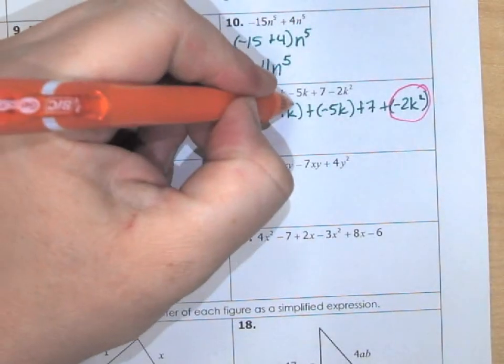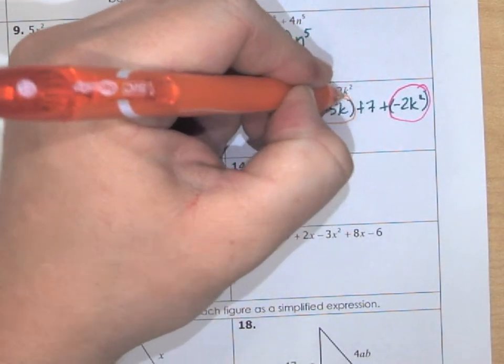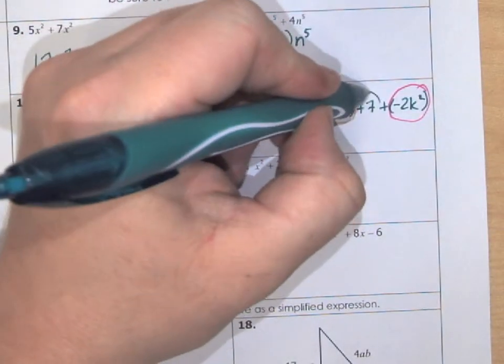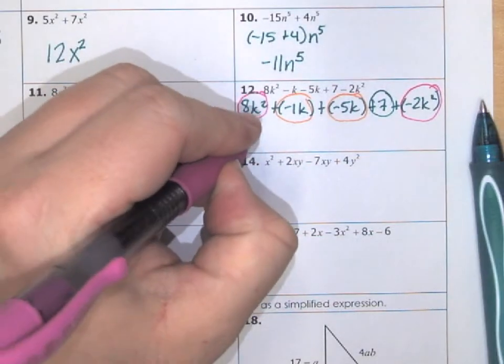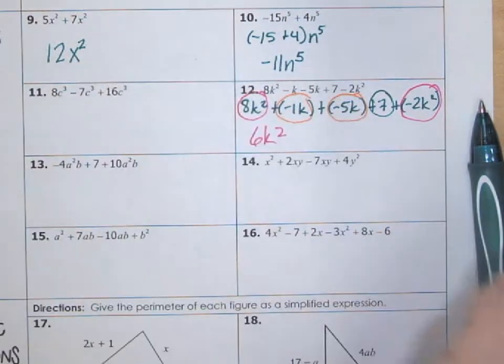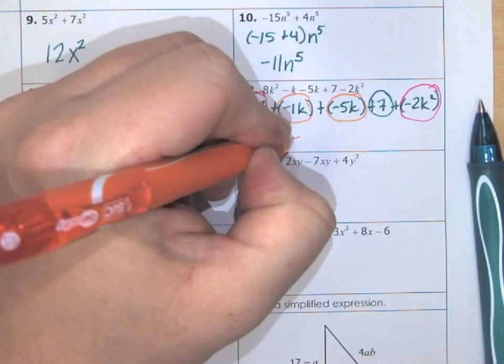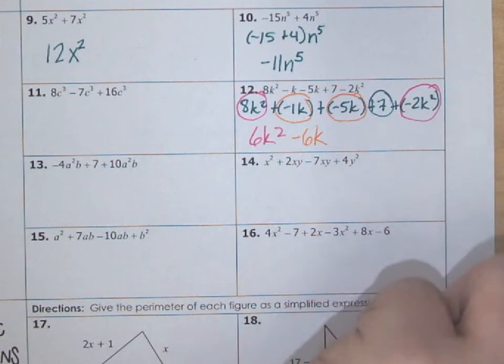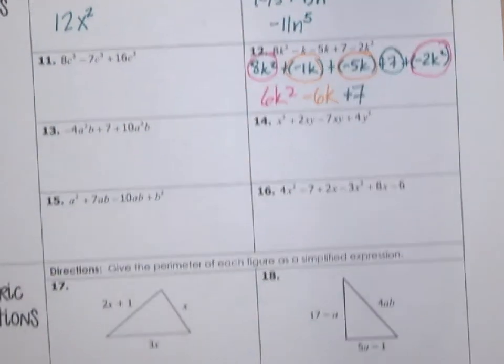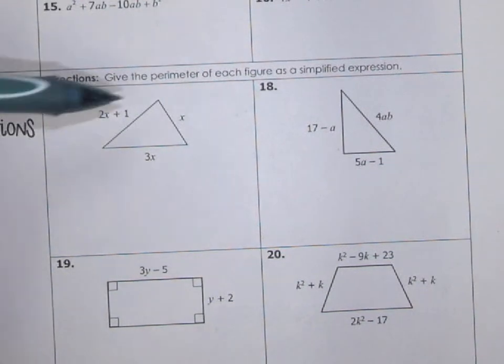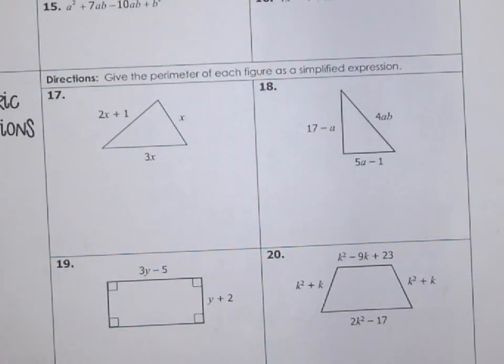But then I have k and k and a constant. So I do the k squareds first, then the k values, then the constant. At the bottom, to find the perimeter, we add up all the sides, and then we combine the like terms.